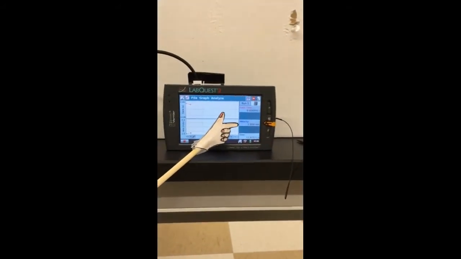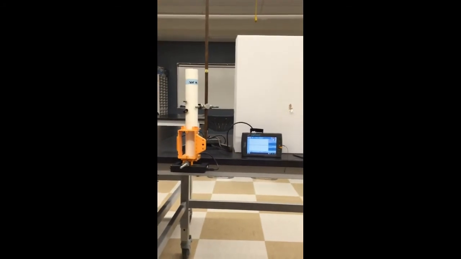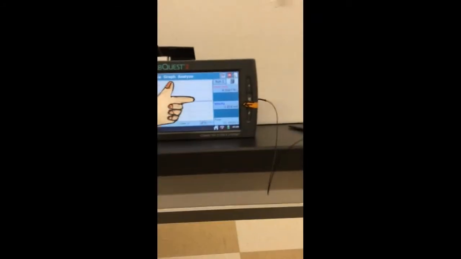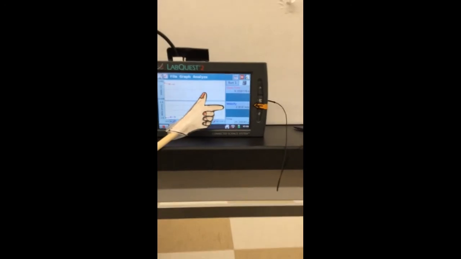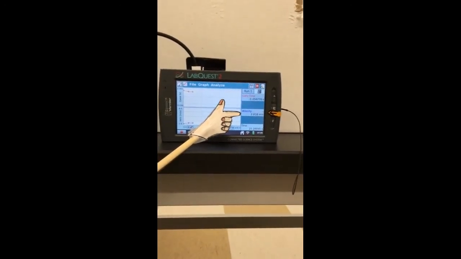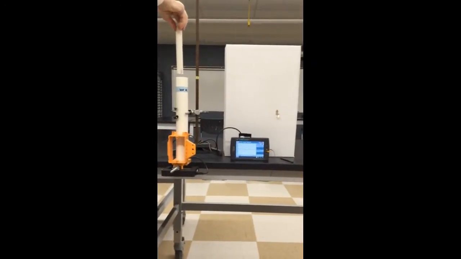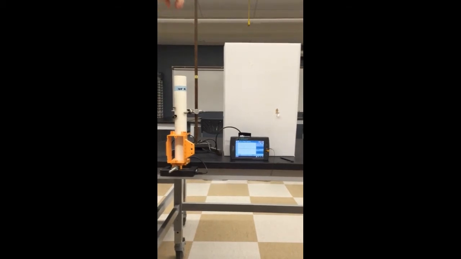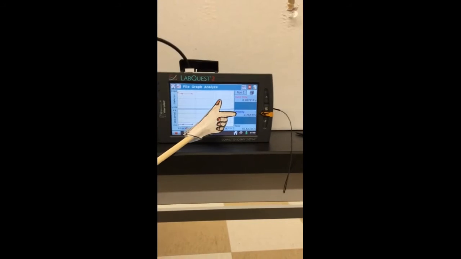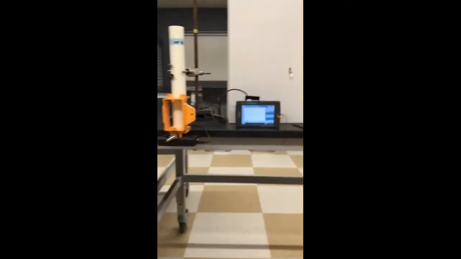The velocity is 2.808. Run number 3, 2.818. And finally, run number 4, 2.792. That completes the first set.